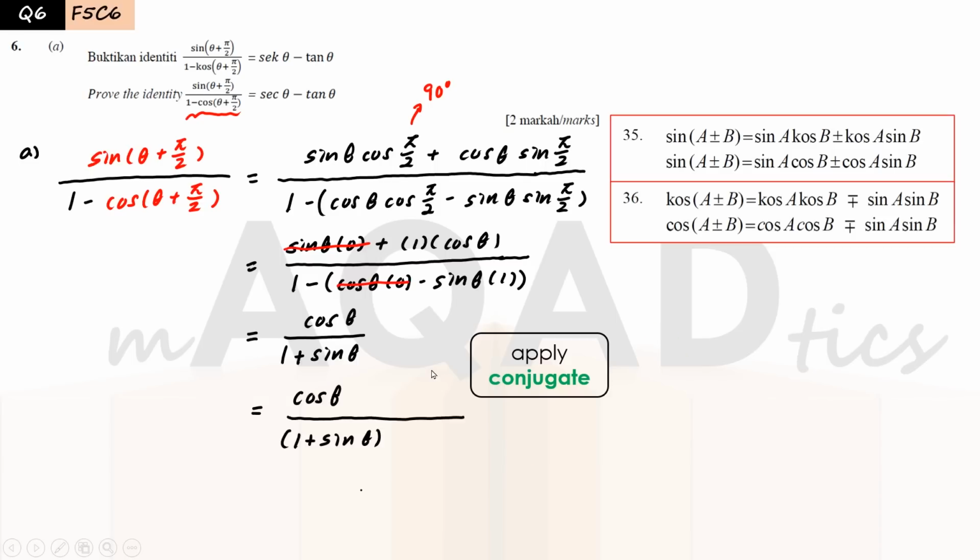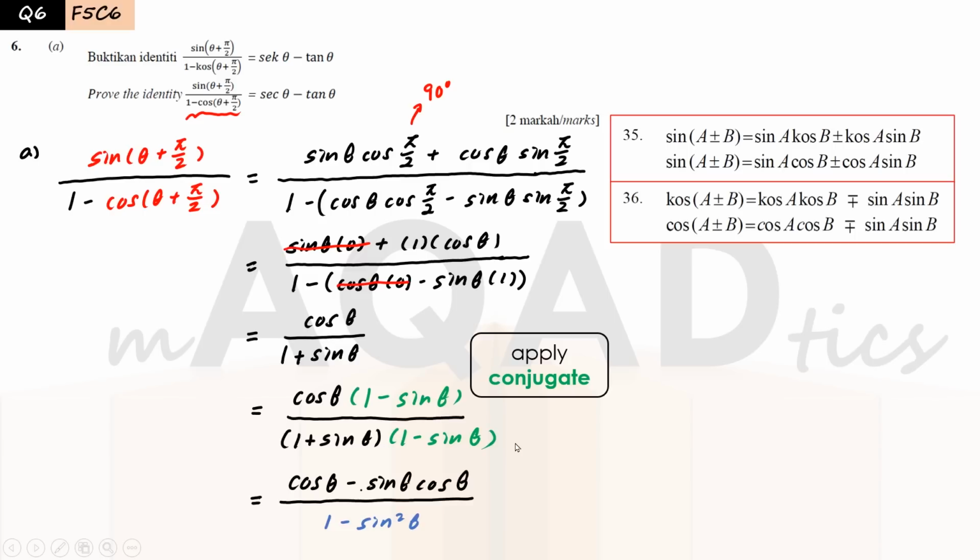Alright, so here the conjugate would be the negative version of this. So it's 1 minus sine theta. Alright, so let's multiply the conjugate and this would be the result. Okay, so now we need to get rid of the denominator, right? Which is this one.